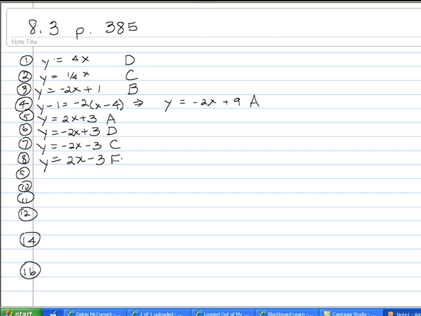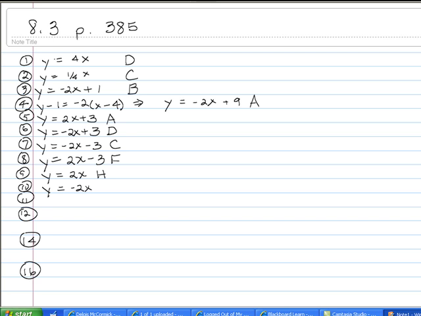Positive slope, y-intercept is at the origin, so that would be H. Okay, number 10, y equals negative 2x, so we want a negative slope and a y-intercept at the origin, that would be G.